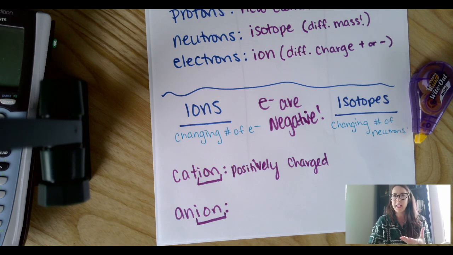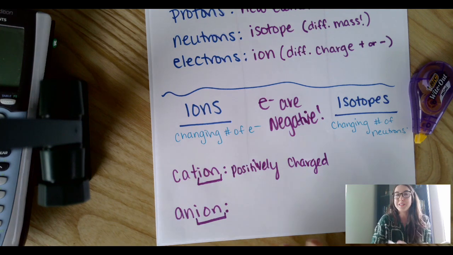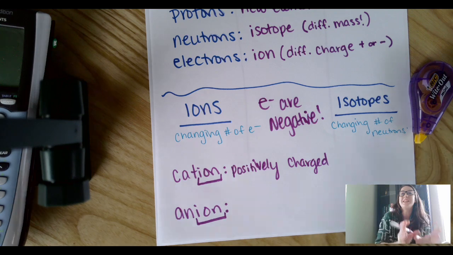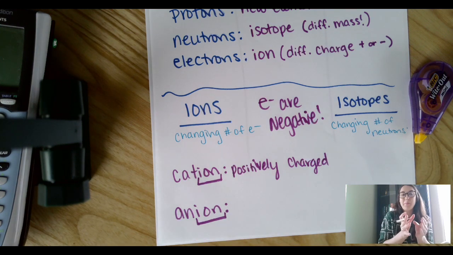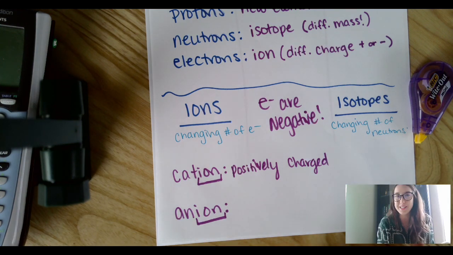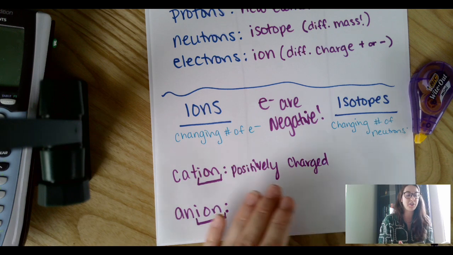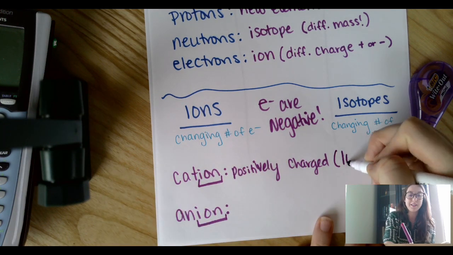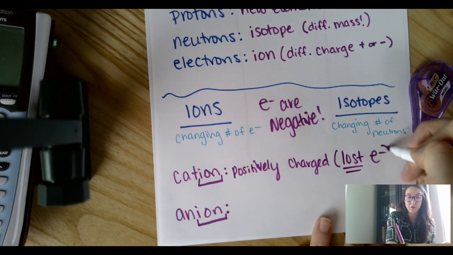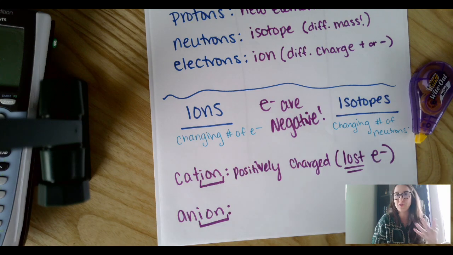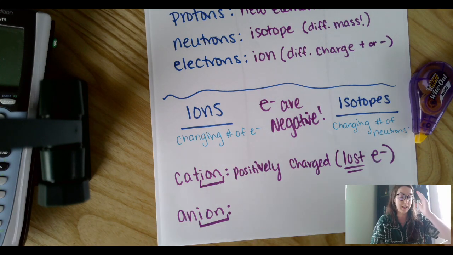So they're going to be more negative. If an element loses electrons, then they are losing negativity. So the ion itself is going to be positive, okay? So if it's positively charged, that is a cation, that means it lost electrons, okay? 1 electron, 2 electrons, 3 electrons, we'll know, but that's a cation when they lose electrons.